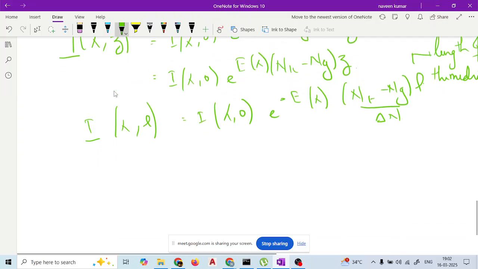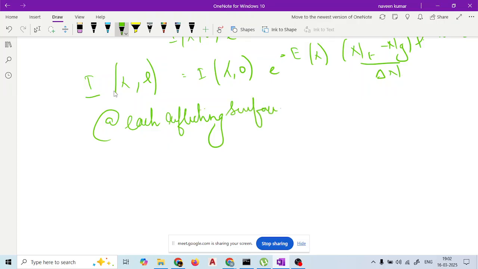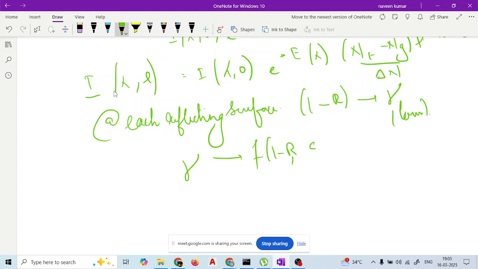What is exactly happening at each reflecting surface? The gamma function can be written as a function of one minus the reflecting surface, epsilon of lambda, and sigma of scattering, and I is equal to I naught e to the power minus gamma.